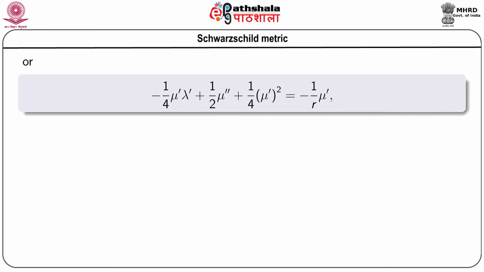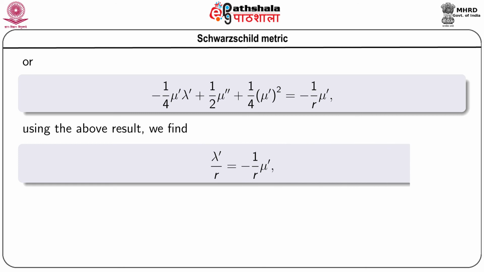Now, simplifying this value, we get this relation: −1/4 μ'λ' + 1/2 μ'' + 1/4 μ'² equal to −1/r μ'. So, using the above result, we get λ'/r equal to −1/r μ'.